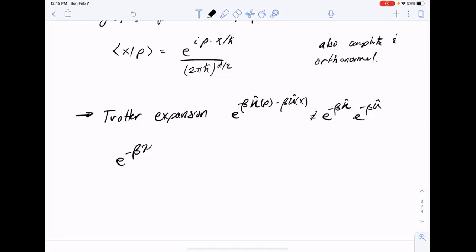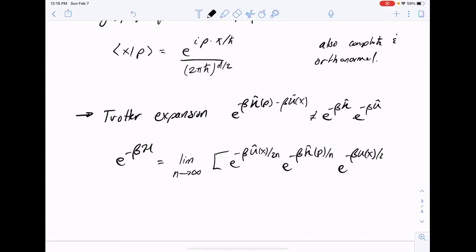I can write this Boltzmann operator in the limit of an infinite series. There are many degenerate ways to write this down. I will choose to write it down like this. I can pull out the potential energy, separate it from the kinetic energy, and symmetrize it.